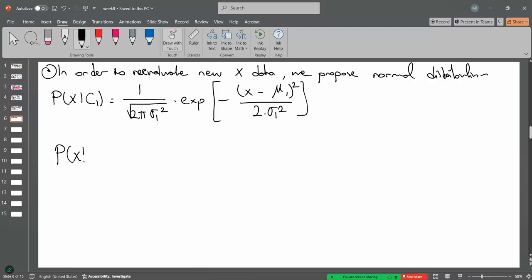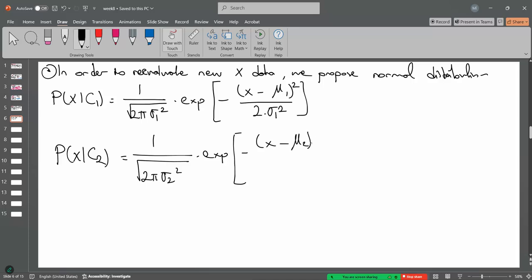Or P(X|C2) is derived with the same formula, but now with sigma 2 square, and the exponential term minus (X minus mu 2) square divided by 2 times sigma 2 square. Okay?